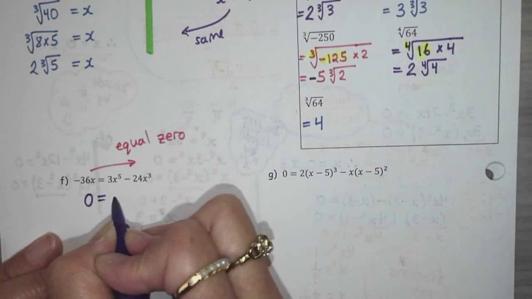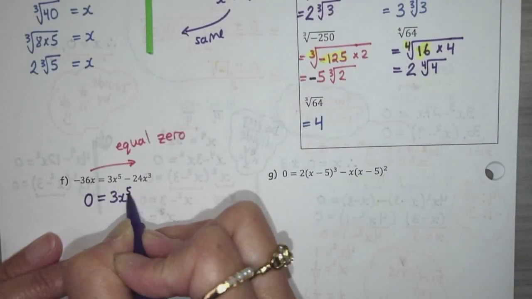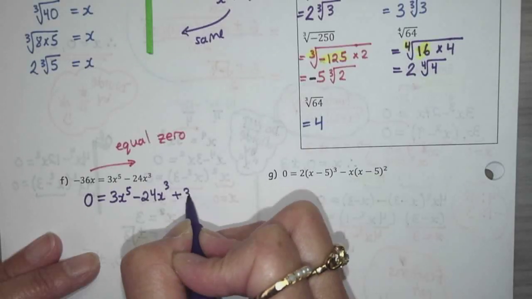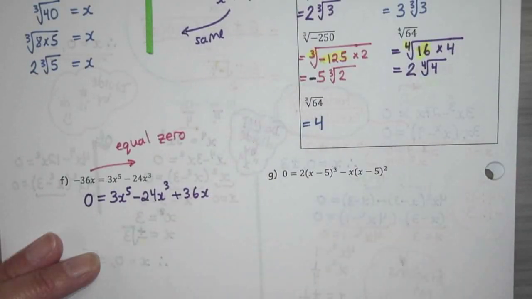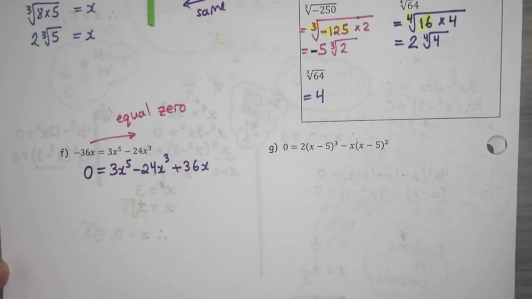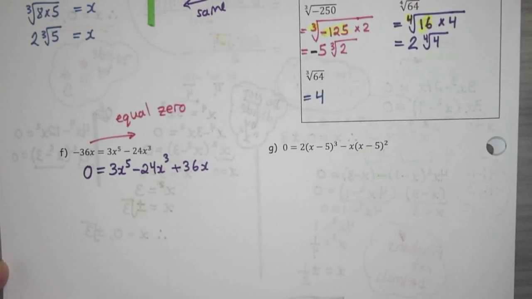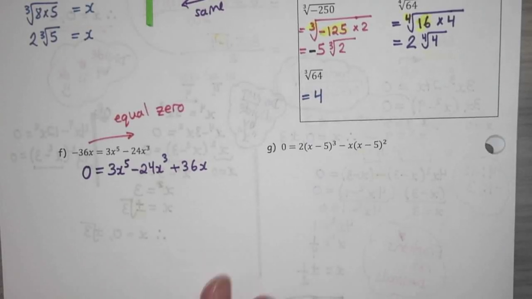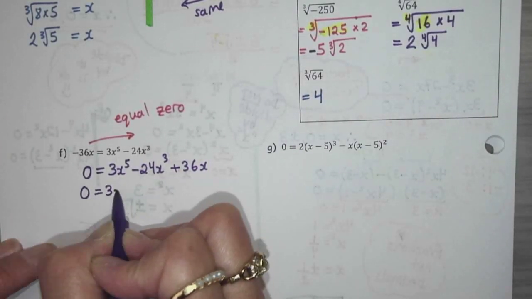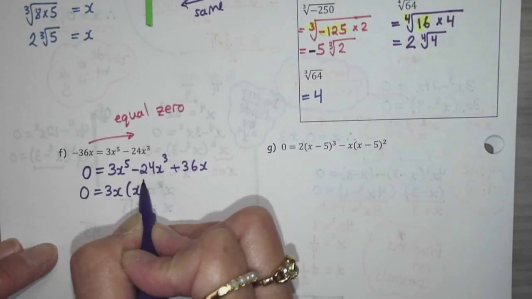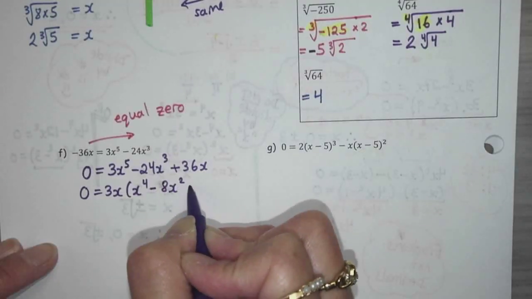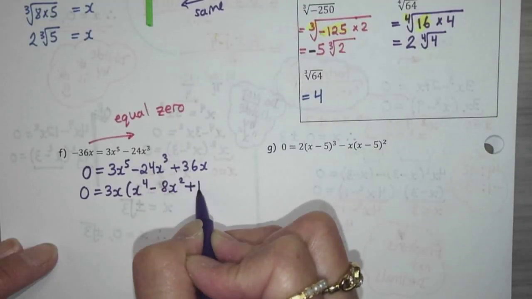So 0 equals 3x to the 5 minus 24x cubed plus 36x. Okay. Now, for this one, I am going to, for sure, common factor out first. I'm going to have two different ways to solve it, so I'll show you in a second. So 0 equals, I'll common factor 3x out. So I'm going to get x to the 4 minus 8x squared, and this will be plus 12.